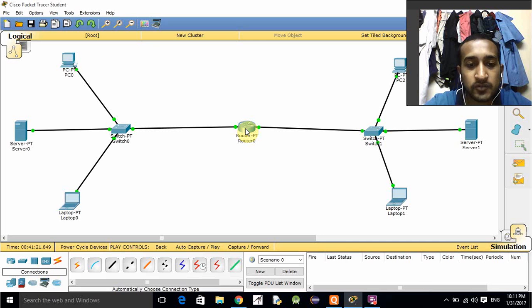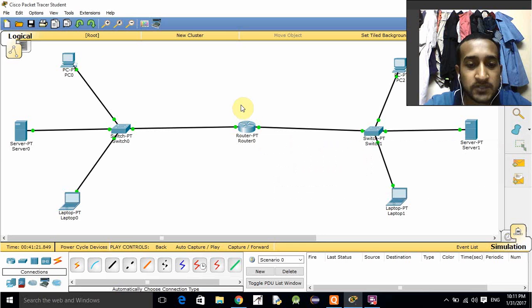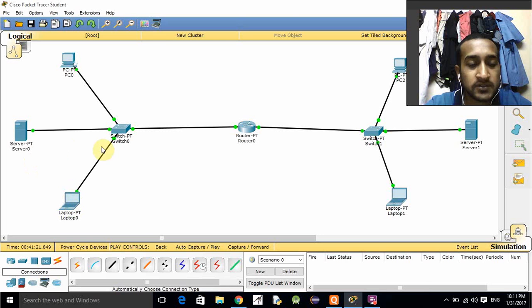So from 0 to 127 will be the first network, and from 128 to 255 it will be the second network. From the first network I am assigning some of the IPs to these PCs and laptop servers.